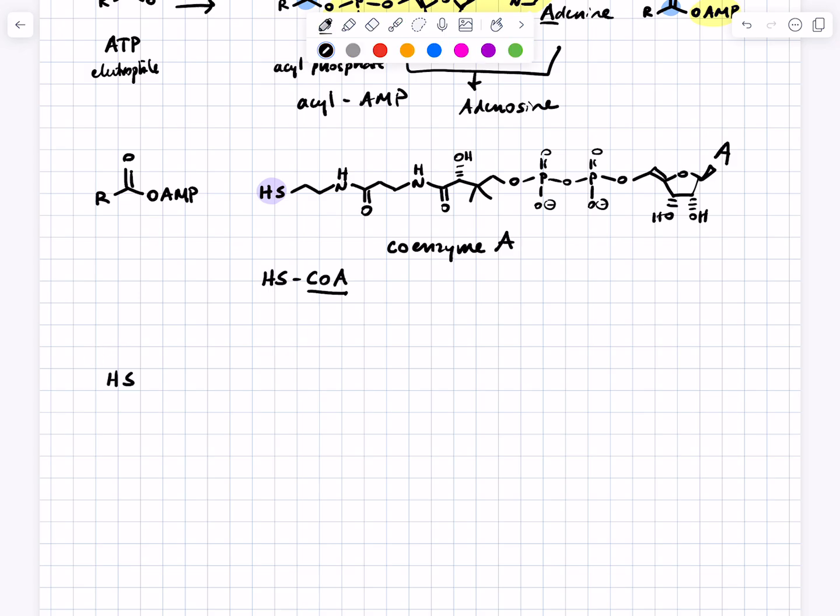Here is the coenzyme A thiol. Probably a base from an enzyme removes the proton first, so it can be the nucleophilic thiolate. Then that negatively charged nucleophile can attack the carbonyl carbon of our acyl AMP molecule.